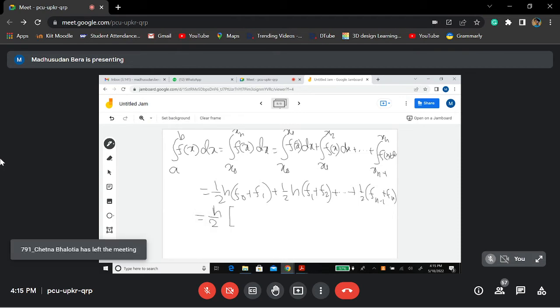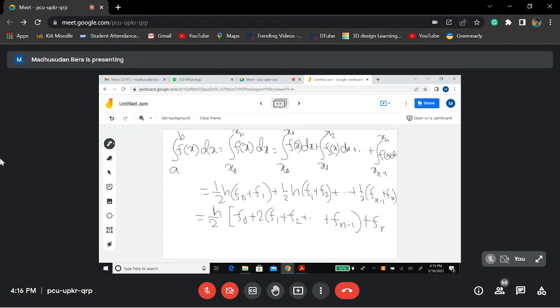See, f0 occurs only once, f1 occurs 2 times, f2 occurs 2 times. So first and last occur only once, remaining occur 2 times. So 2 times f1 plus f2, that way up to fn minus 1 plus fn. This is the area.